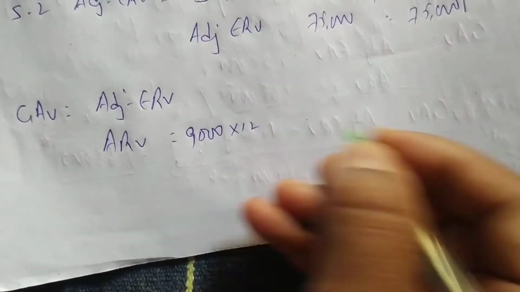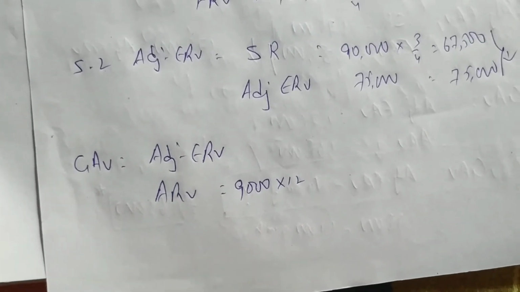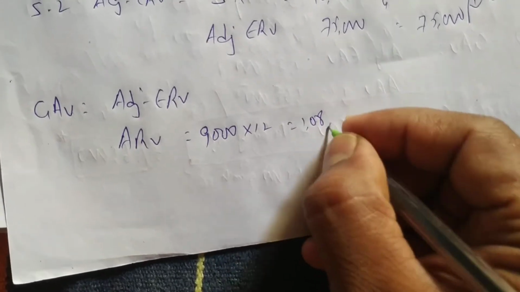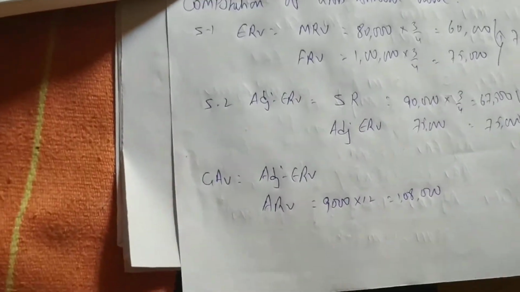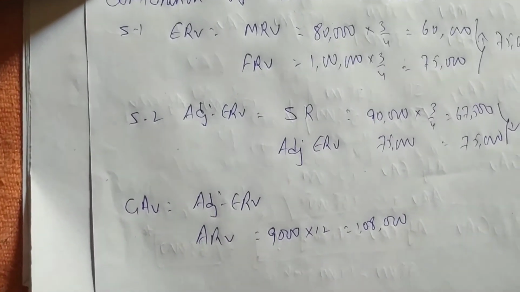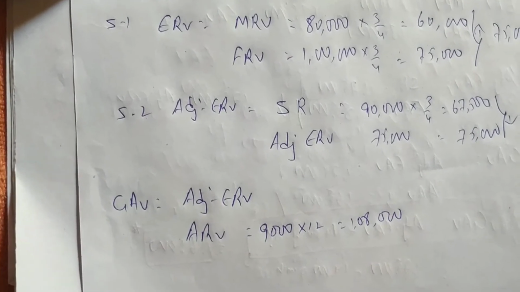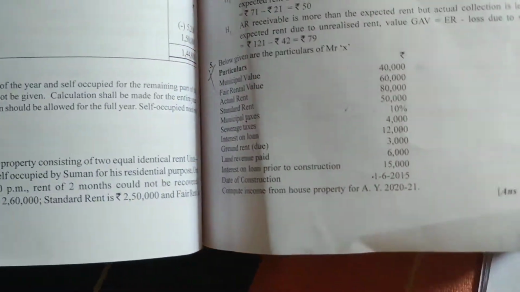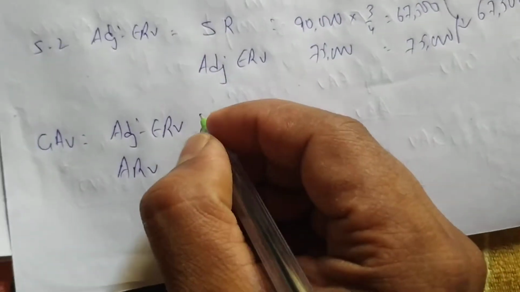This is per month. Convert into per annum. We got 1,08,000. Adjusted ERV 67,500.